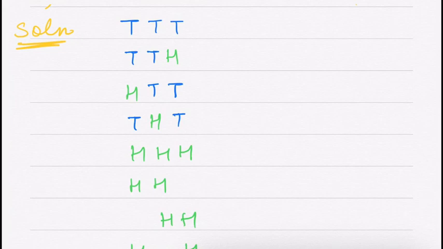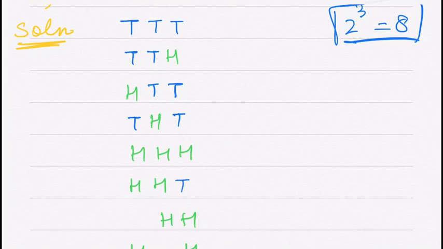And we know there are 8 outcomes. We have done the formula in the concept: if I toss one coin, there are 2 outcomes, and there are 3 coins, so it will be the power of that. So there will be a total of 8 outcomes in this case.